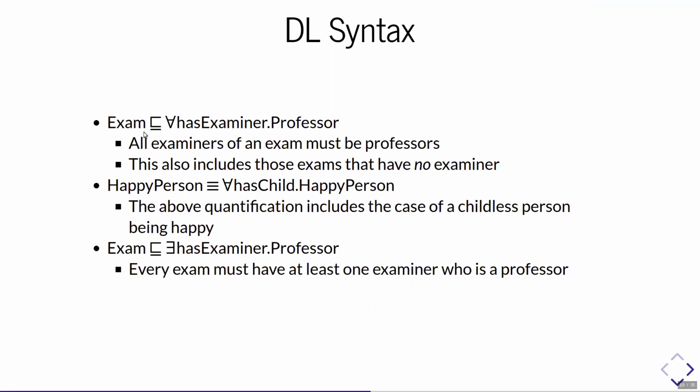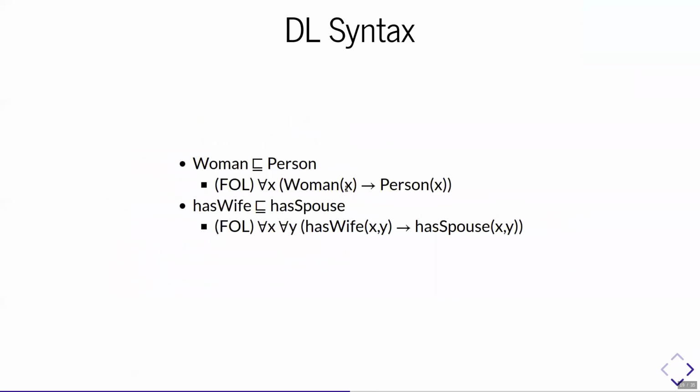Okay, so there is an x there, right? Exam is a concept and Professor is another concept. So you say that there is such an x and a y such that Exam of x, you need to write Exam of x similar to Woman of x.